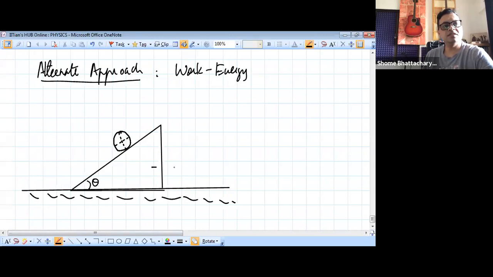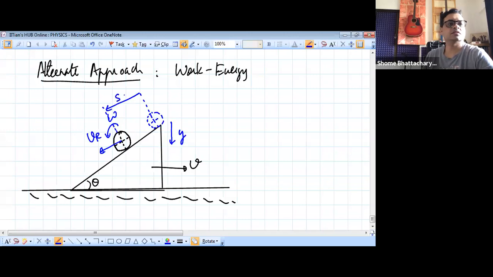Now at this instant, let's say this is moving with the speed V, and relative to this inclined plane, or relative to the wedge, this is having V relative and an omega like this. Okay. So relative to this it has made a vertical displacement of y and a displacement in this direction, S.